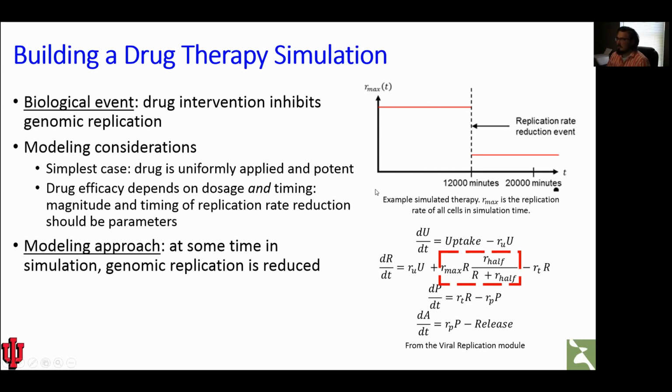We will specify new model inputs that will specify the time in simulation that the intervention is applied, as well as the dosage, which we will describe as a reduction coefficient from the baseline parameter set.